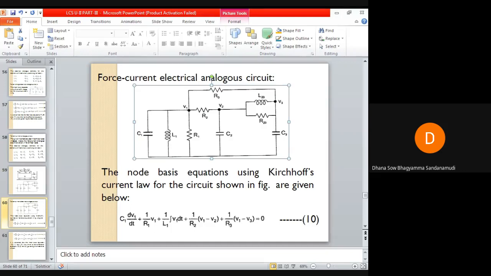I'm going to cut this. Something has happened, I didn't observe. It's okay. So I think this circuit is clearer for you to understand.